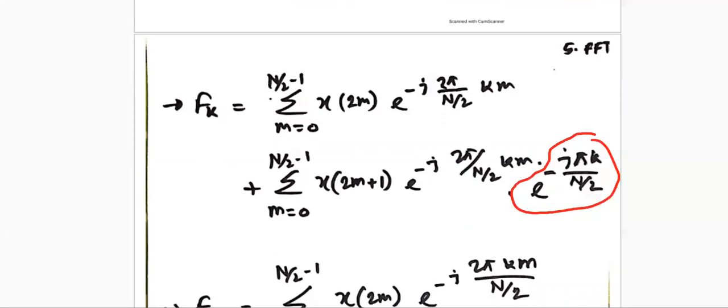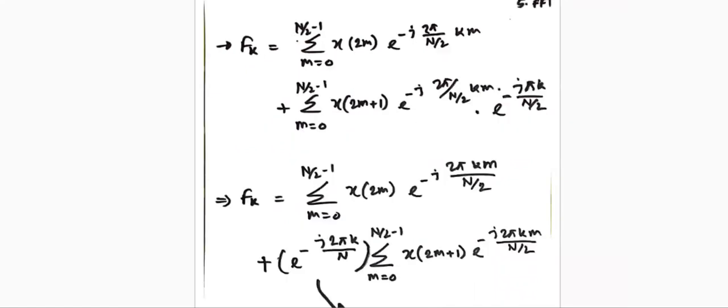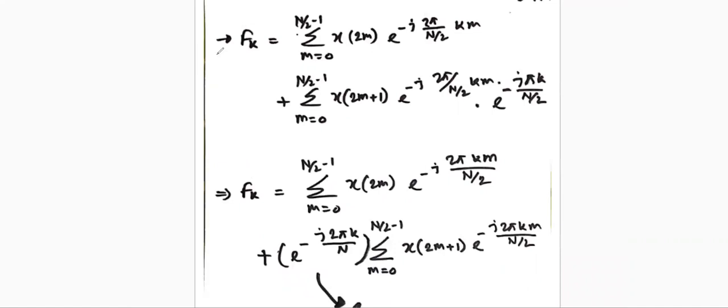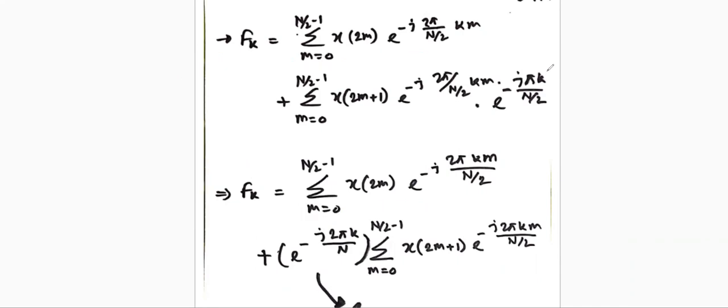We have this extra term. And if you consider that we have this extra term, from this to this, we are taking exactly the same thing here. Okay, nothing has changed there. If you look at this term, there is no m value, so this function is independent of m.